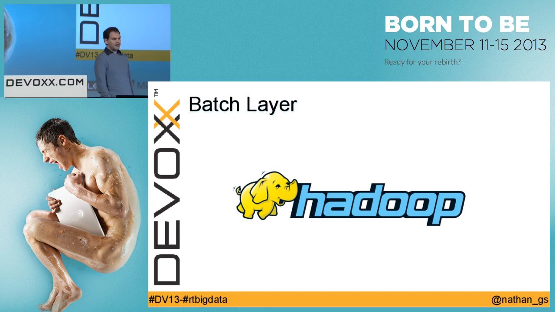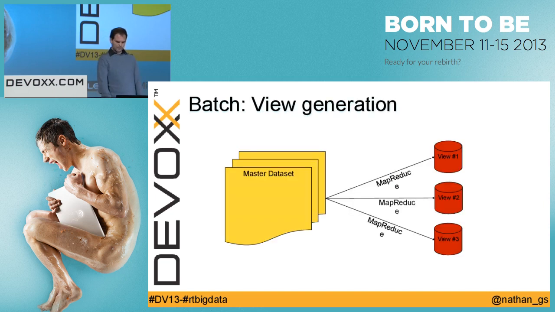And in the batch layer, we're actually going to create views. We have our master data set, and we're going to run some processing on top of it and generate views. In Hadoop, we're probably going to use MapReduce.